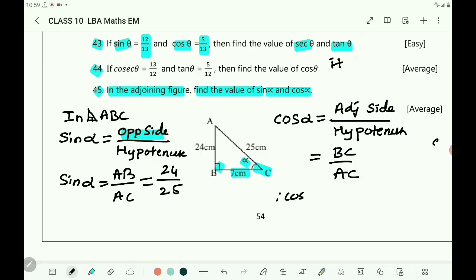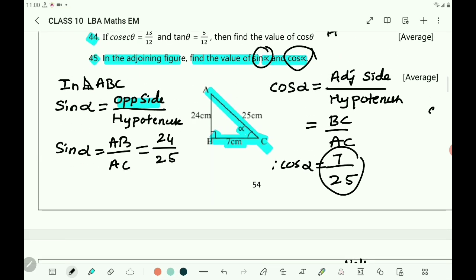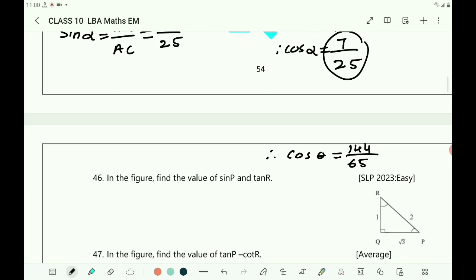Therefore you write cos alpha is equal to BC, which is 7 centimeters, and AC is 25. It is 7 by 25. You got sin alpha 24 by 25 and cos alpha 7 by 25. Then you take question number 46.